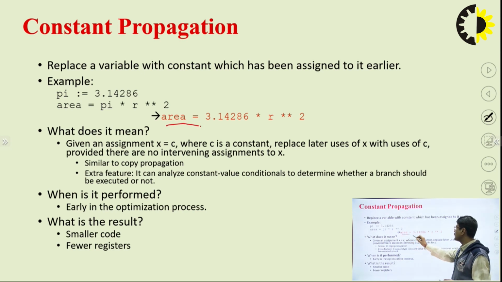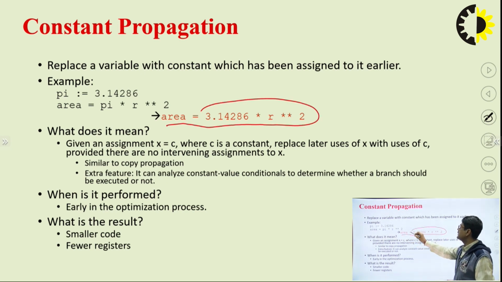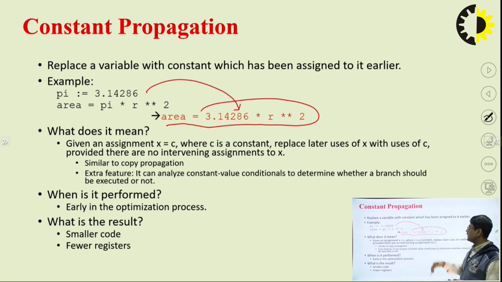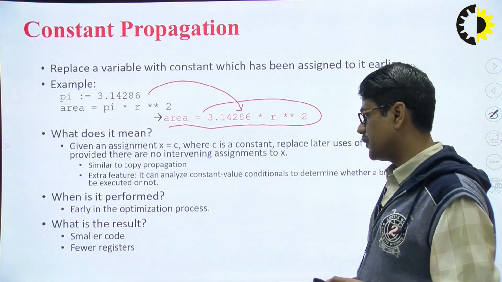We put the pi value directly here. Otherwise the program would first access pi, check the value stored in the place of pi, and then place that value here. This would take a lot of time. So if the value is directly there, this is constant propagation.